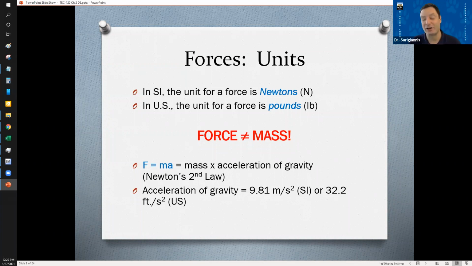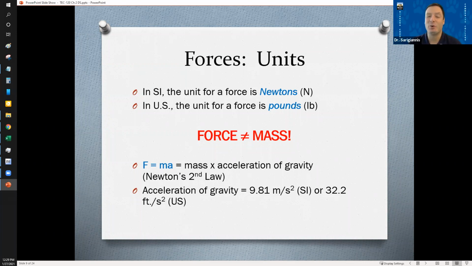In science and engineering disciplines, you'll sometimes see LBF or LBM, or pound force or pound mass, so that people recognize what that difference is, particularly if both are being used, or if you're not clear of the context. Remember, force is not mass. Newtons are not a mass, right?